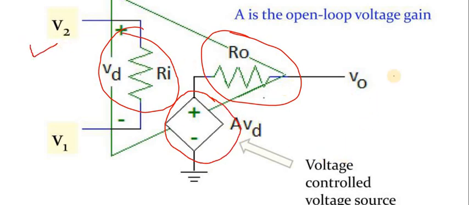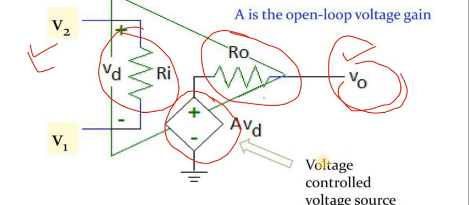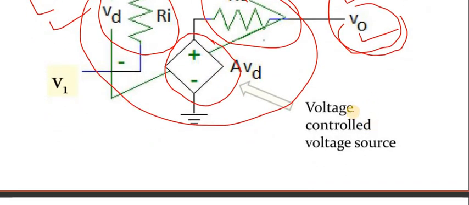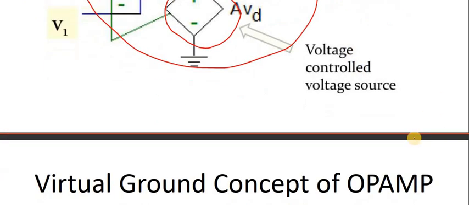Input is voltage, output is voltage, and the input voltage is controlling the output voltage. So this is the equivalent circuit representation of the op-amp. This is not the internal circuit. Whatever we have discussed, input resistance, output resistance, and differential gain, differential voltage, like that. This is not the internal circuit of the op-amp.